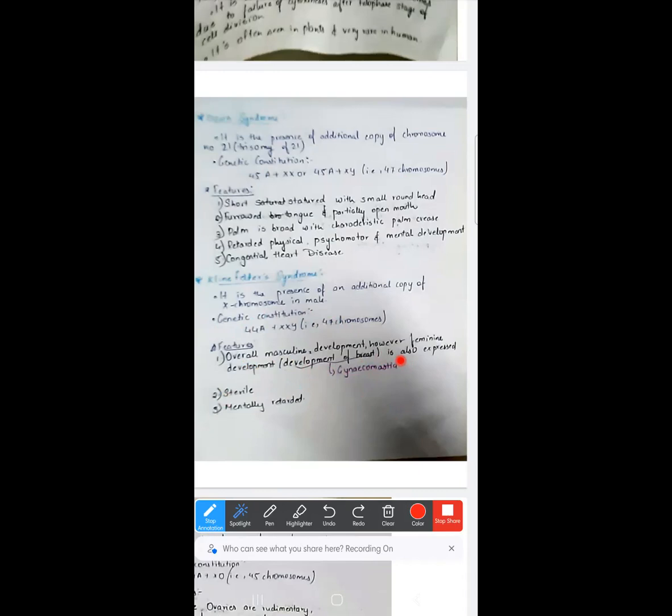Now, Turner syndrome. What is Turner syndrome? This is the absence of one of the X chromosomes in females. The genetic constitution is 44 autosomes plus XO, that is 45 chromosomes.